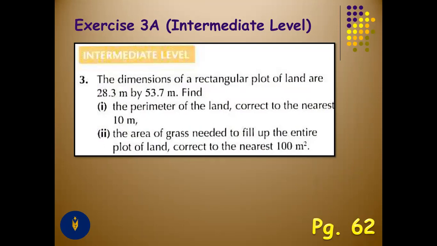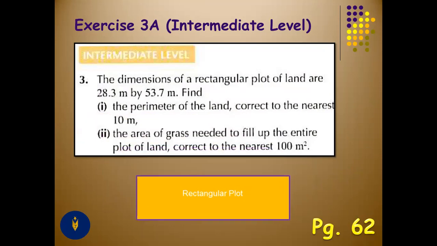So let's read out the statement of question number 3. It states that the dimensions of a rectangular plot of land are 28.3 meter by 53.7 meter. The plot of land is of rectangular shape, and its dimensions are given: the length is 53.7 meter, and the breadth is 28.3 meter.